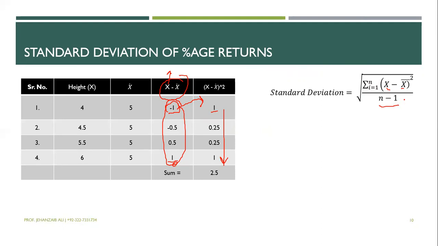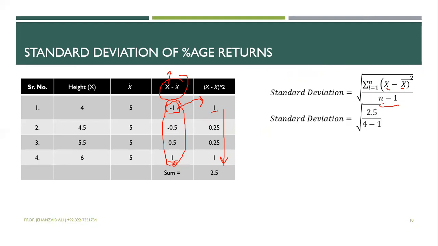So remember that for any sample data, for example, for any data having lower numbers, you always subtract one from the number of values. If you have a larger number of values, you do not subtract one.